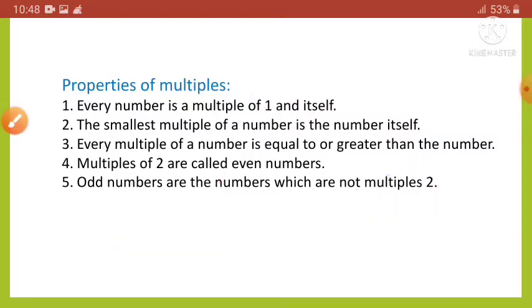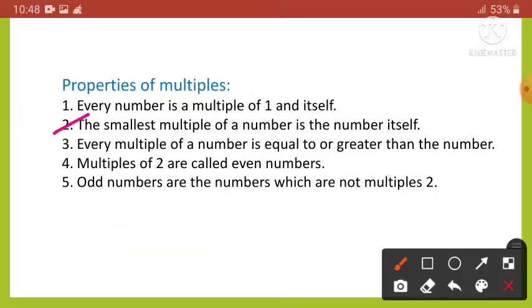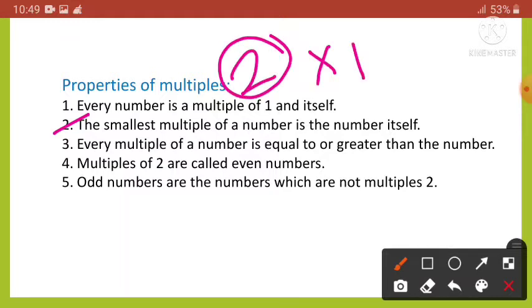The next property is that the smallest multiple of a number is the number itself. Suppose I am taking the number 2. If we multiply the number with 1, we get 2. Then if you multiply with 2, you will get 4.